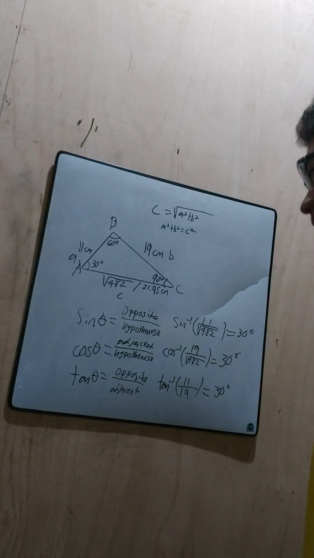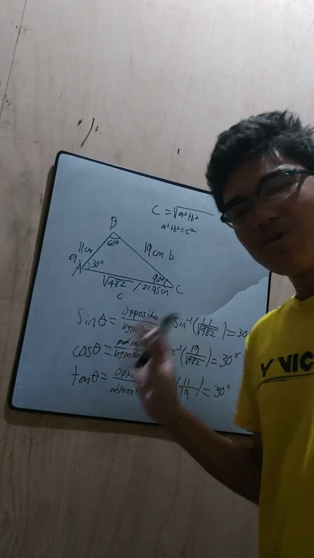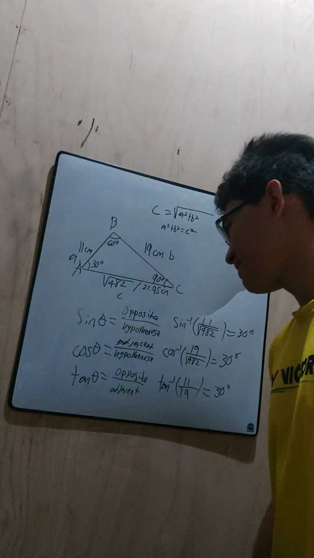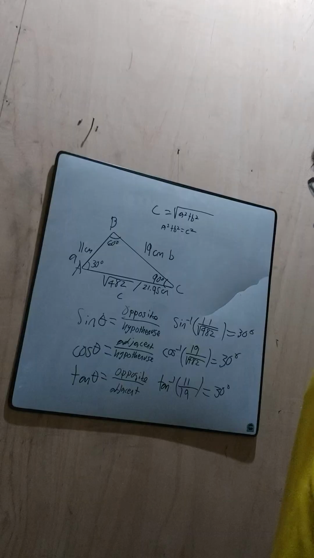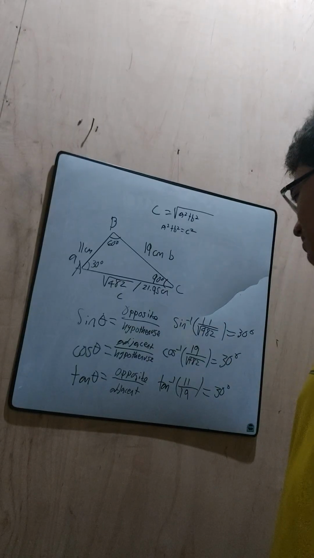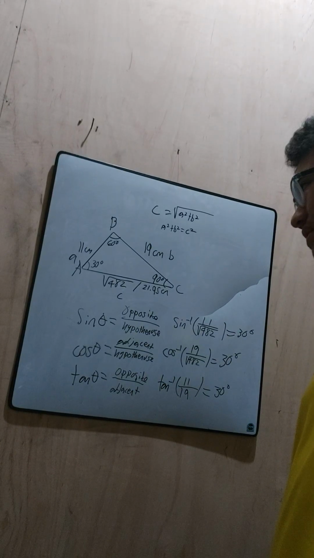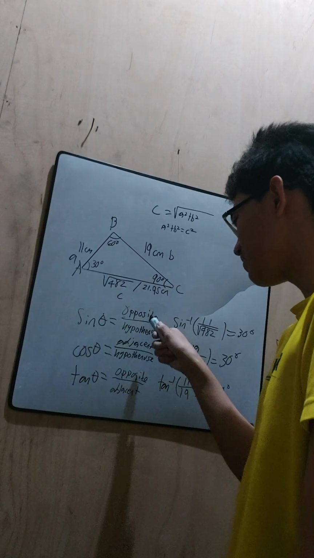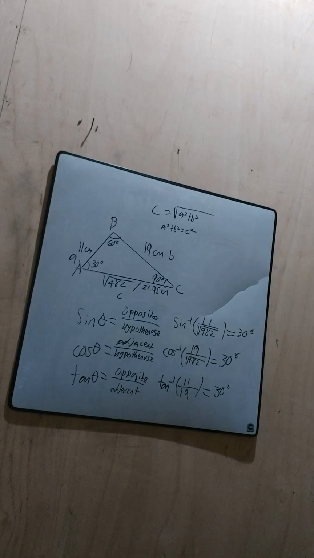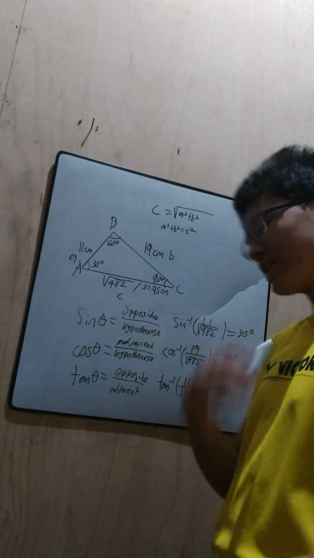Okay. Anyways, if we know our opposite side and our hypotenuse, we can easily get the angle between them, using the inverse sine. Same goes for cosine, same goes for tangent.